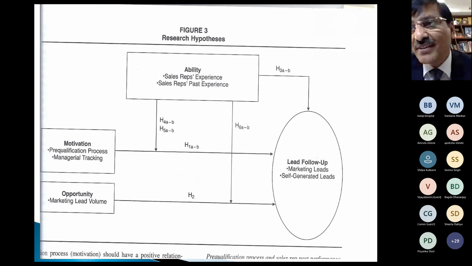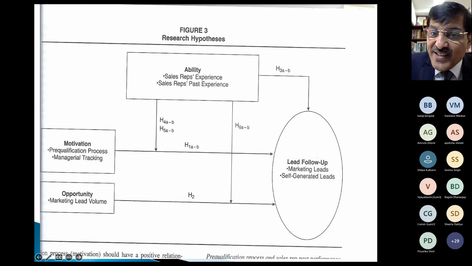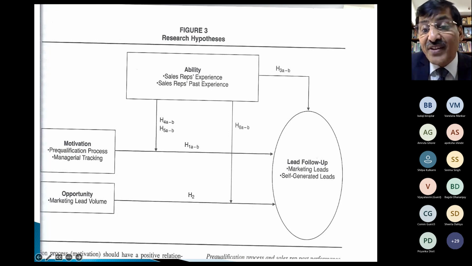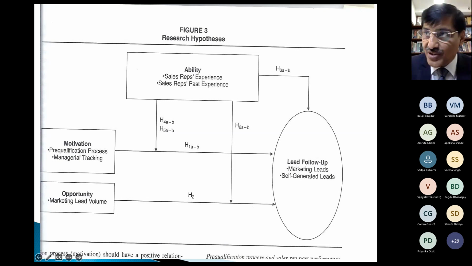How did they formulate the hypothesis? First and foremost, they used a conceptual framework. They said the sales leads, whether provided by the marketing department or generated by the salespeople themselves, depend on three factors.